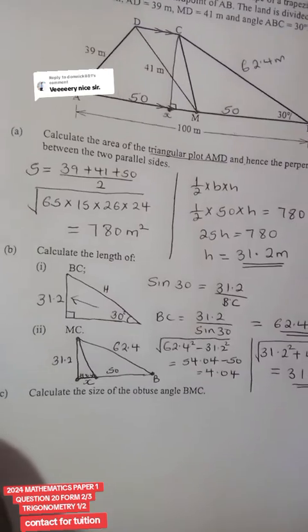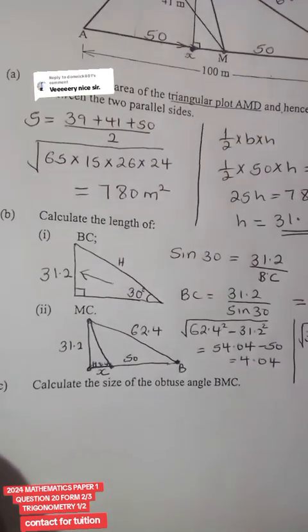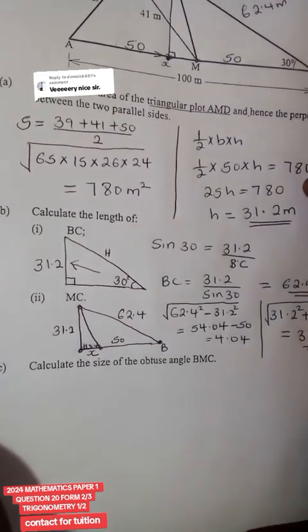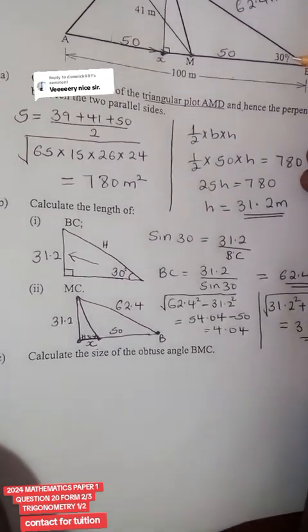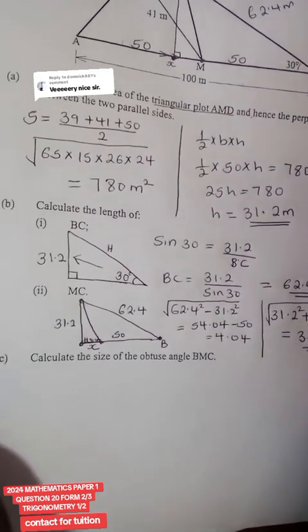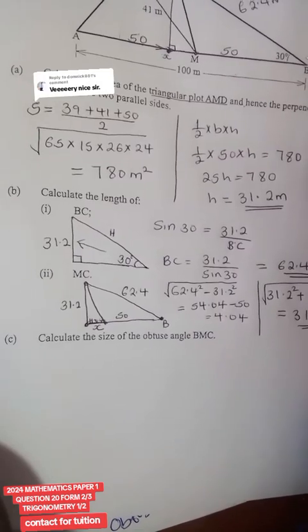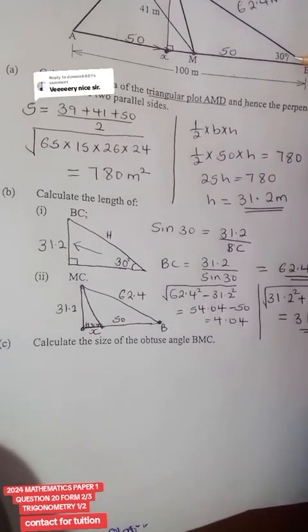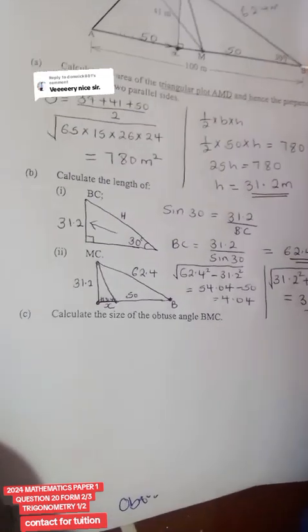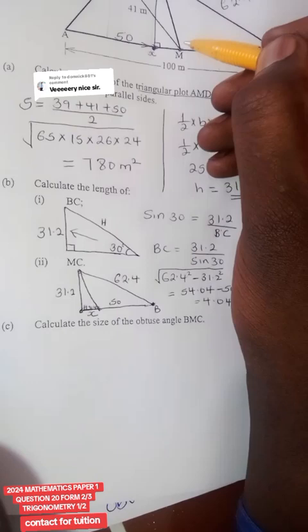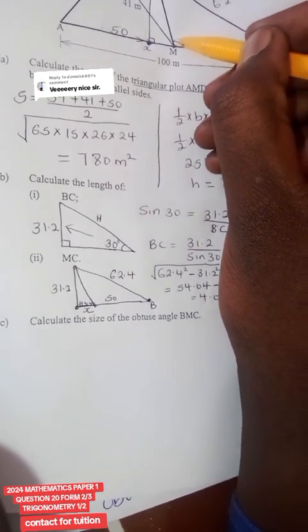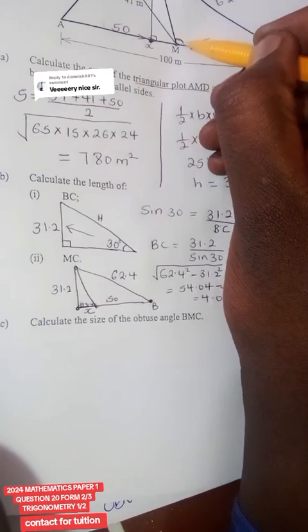Then we can look at the last part where you are told to calculate the size of the obtuse angle. The obtuse angle means that the answer must be less than 180 and greater than 90 degrees. Therefore, BMC is the obtuse angle here.